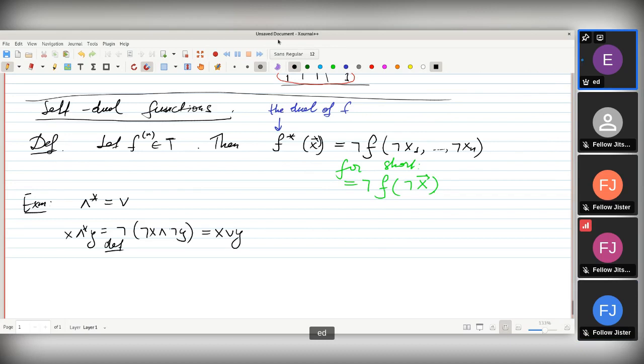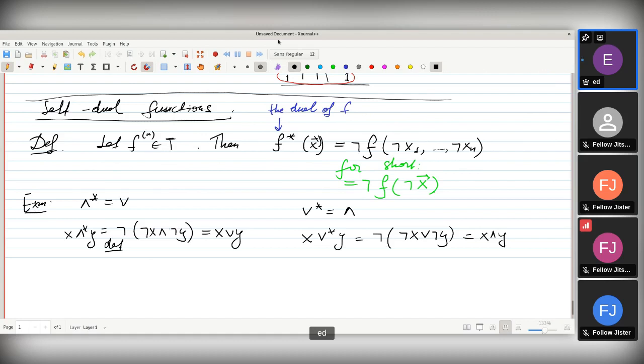But what do you think? What is the dual of disjunction? Conjunction. It is called conjunction. Of course. Why is it so? We can see it immediately. By definition, it will be not x or not y, but we know that this is just conjunction.